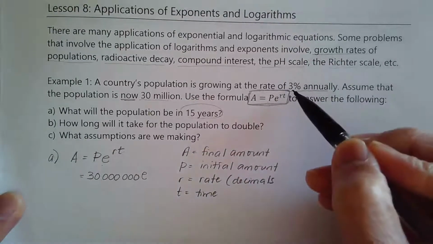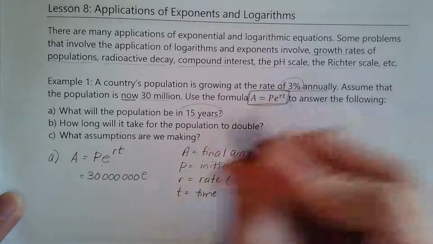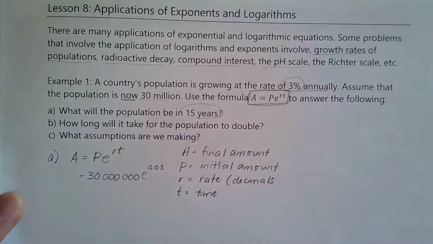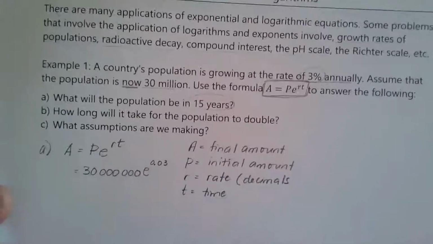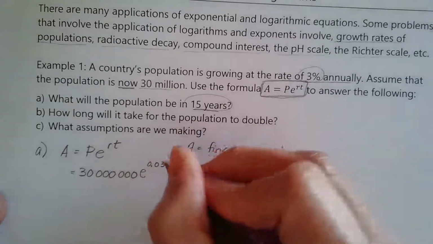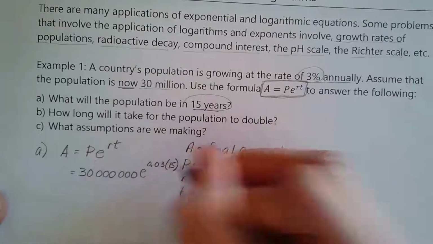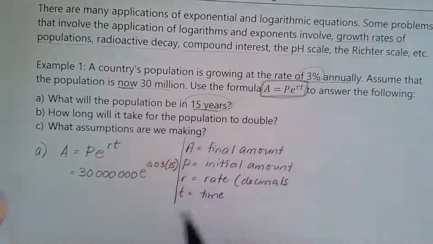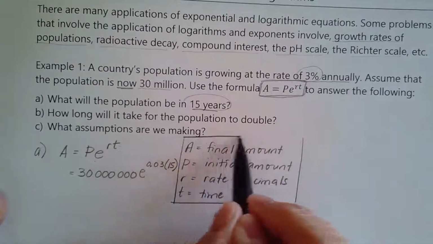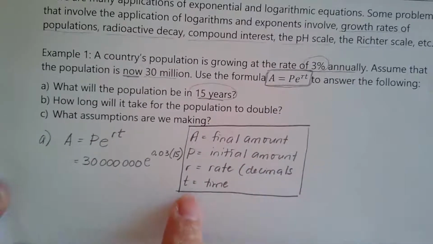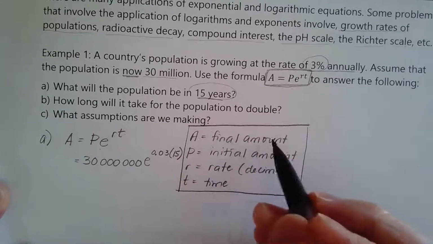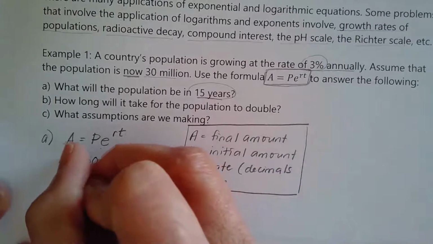The rate of increase is 3%, so it's going to be 0.03. That's really tiny if you're watching on your cell phone. And the time is 15 years, so times 15. I'll put this in a box so we know what this is. So this is your equation, and what we're trying to figure out is the final or future amount, A.